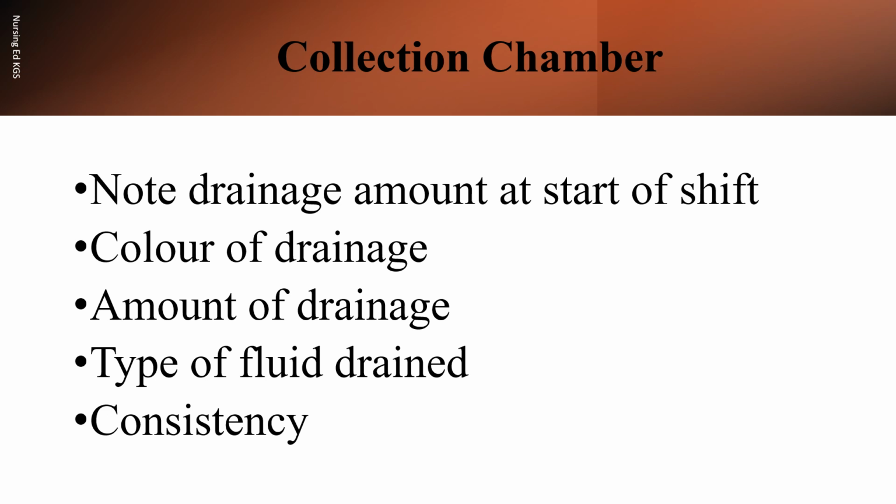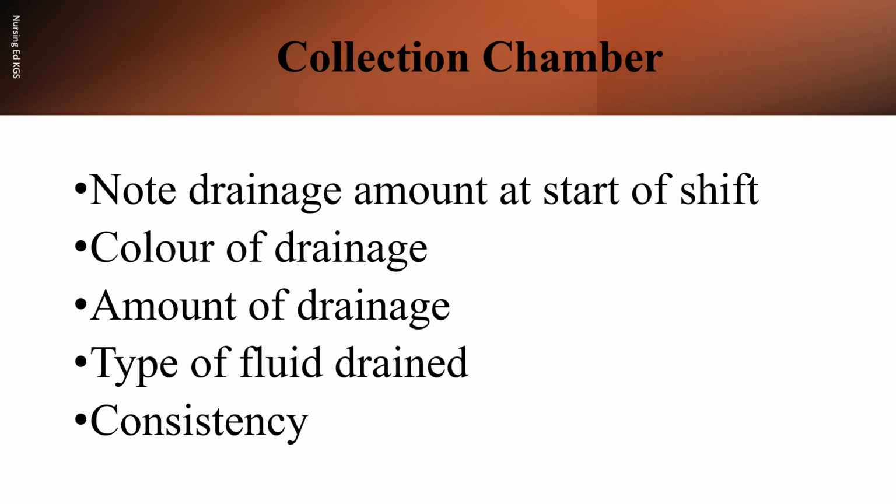The chest tube connects directly into this collection chamber, and it will collect the drainage from the pleural cavity. This chamber is calibrated to measure the drainage, and the outer surface has a write-on area, and you'll be able to mark at the start of your shift and also mark again the amount of drainage at the end of your shift.